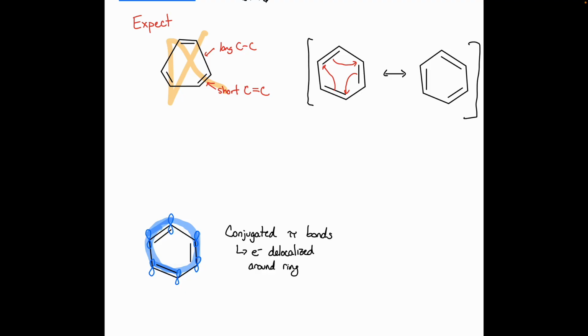You will sometimes see benzene drawn as that six-membered ring, and instead of having those pi bonds explicitly drawn, you see something like this dotted line circle in the middle.